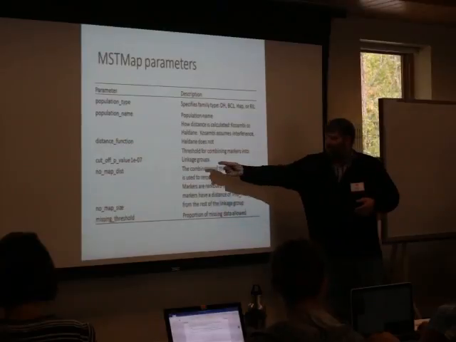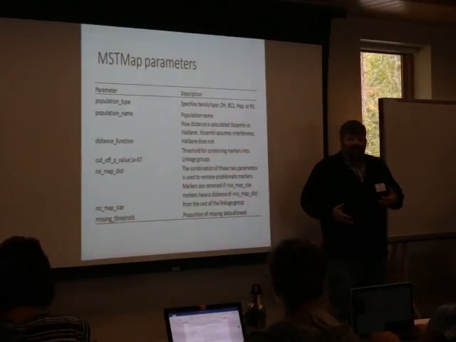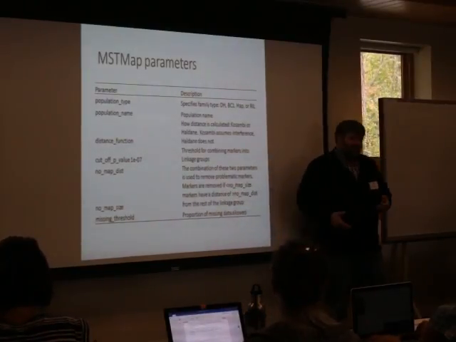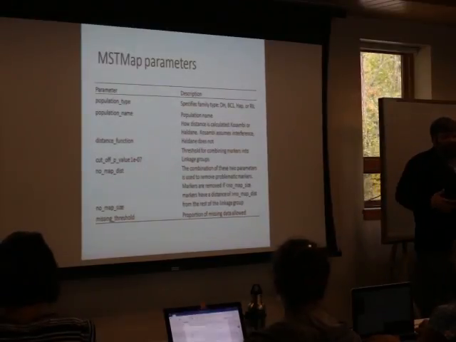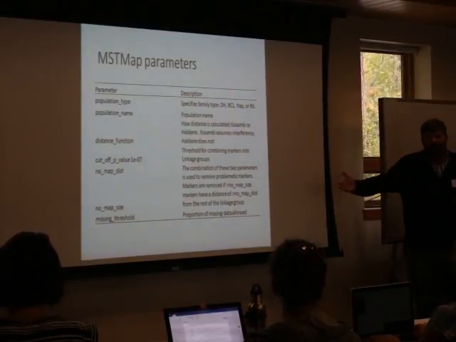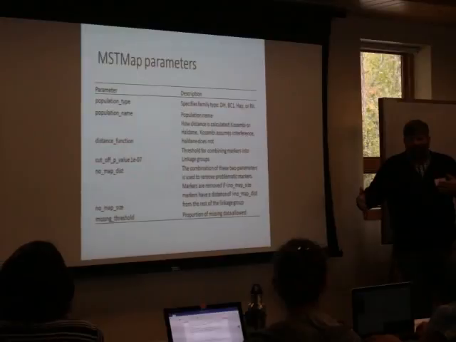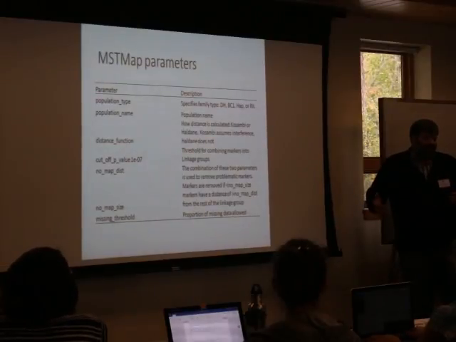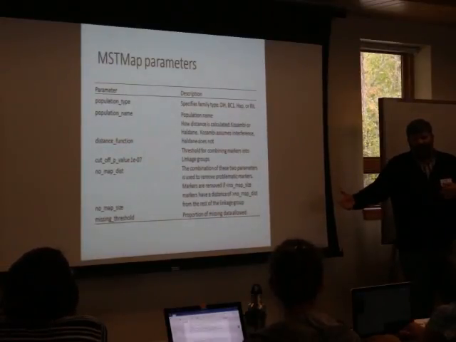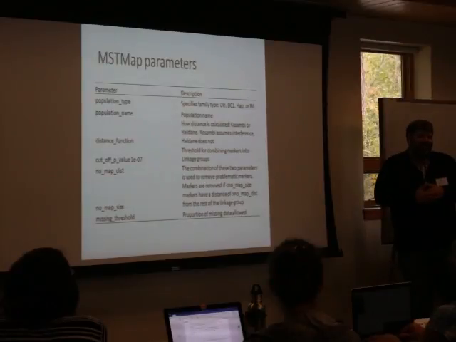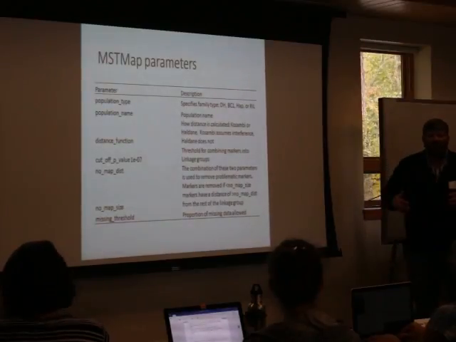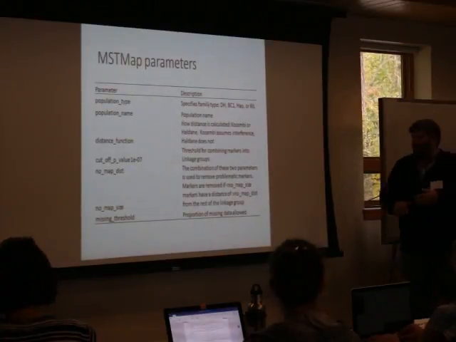So if you have no-map distance set to 10 and no-map size set to 3, if you have two markers that are 11 centimorgans away from the rest of the linkage group, it'll cut it off. If you have 5 markers that are 11 centimorgans away, it'll keep them. So it's just trying to trim off spurious markers at the end, but it's a sort of weird way of doing it.